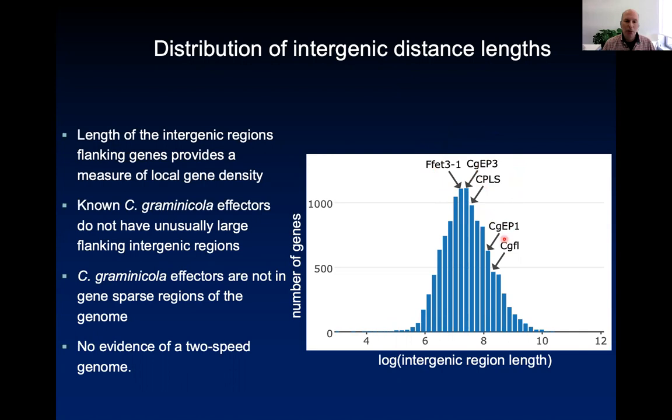And even these 2, which have slightly larger intergenic distances, are still in this region that I wouldn't consider to be very low gene density, which would be these regions here. So there's no evidence that effectors are found in gene-sparse regions of the genome. And in fact, based on this analysis and the previous analysis, we don't really have any evidence for a 2-speed genome in Colletotrichum graminicola.